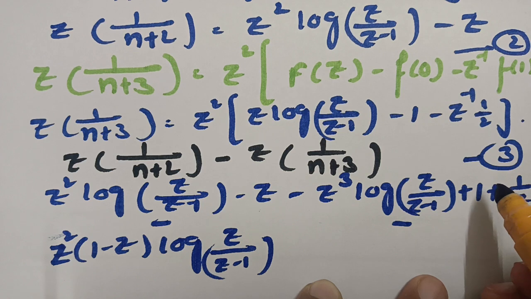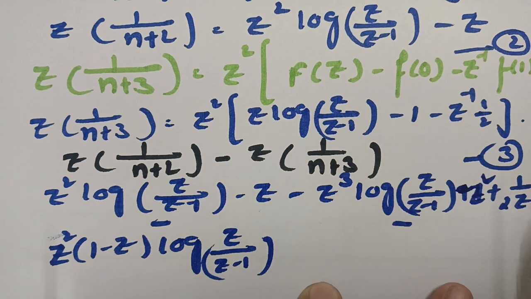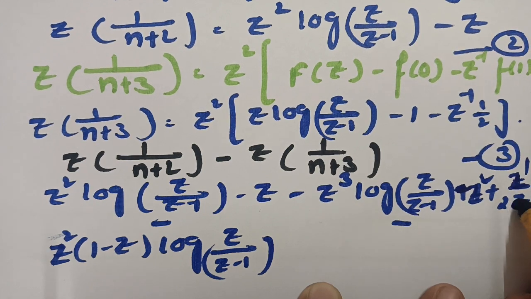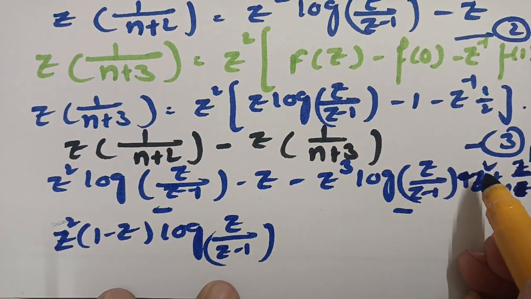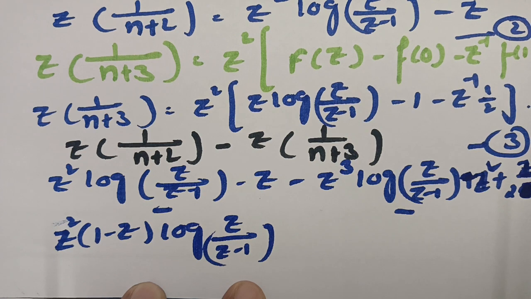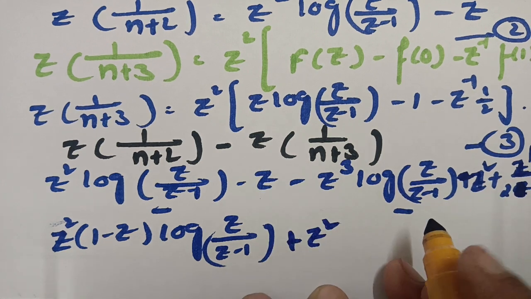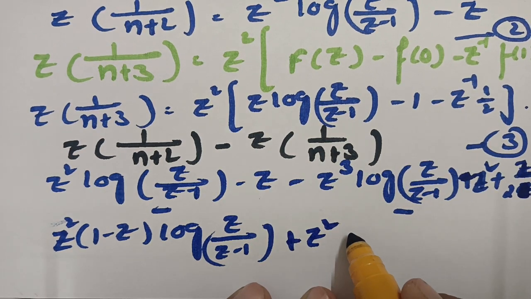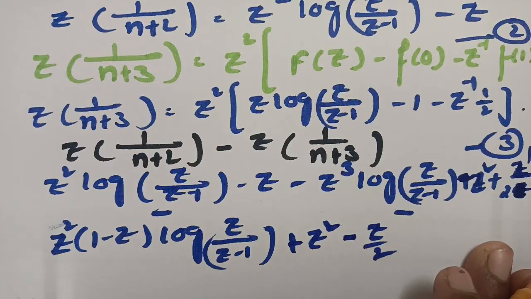Minus of minus gives plus z square, and plus z square into z inverse is z power 1 by 2. So this is plus z square, and this is z by 2 minus z. Z by 2 minus z is minus 2z, and this is minus z by 2.